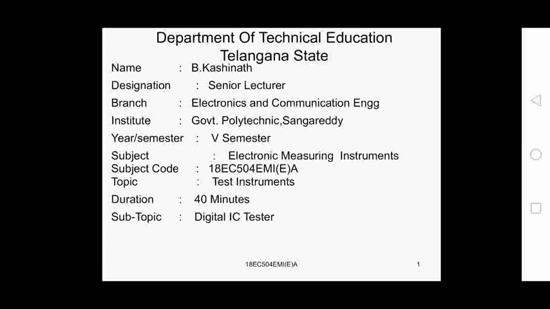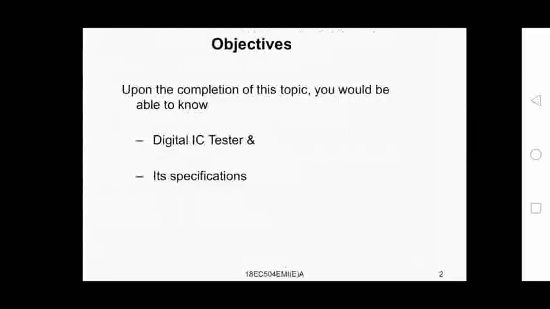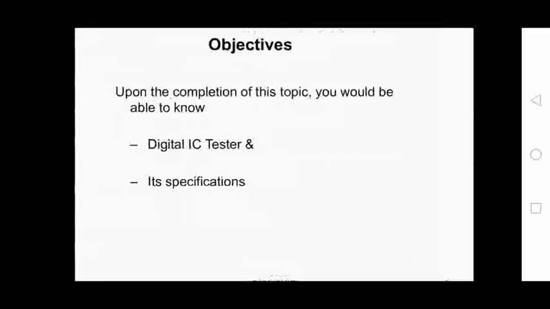Upon completion of the topic, you will be able to know the working of the digital IC tester: what is the internal block diagram of the digital IC tester, its working and operation, and finally we will discuss its specifications.